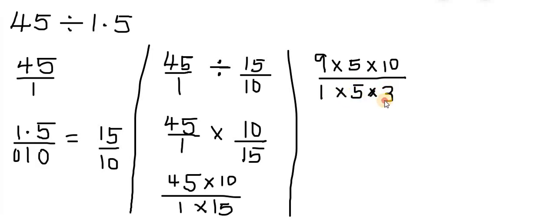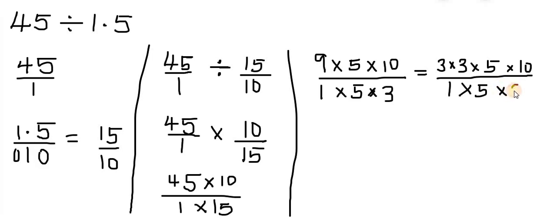I still think the top needs a further breakdown. 9 I put as 3 and 3 times 5 times 10 over 1 times 5 times 3. So there's a 3 at the top and a 3 at the bottom. Cancel that out for 1 and 1. There's a 5 at the top and a 5 at the bottom. Cancel that out for 1 and 1.